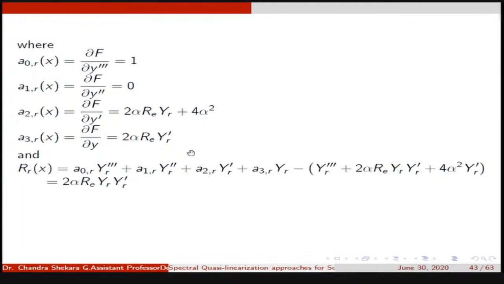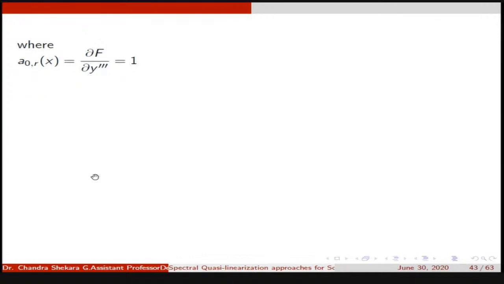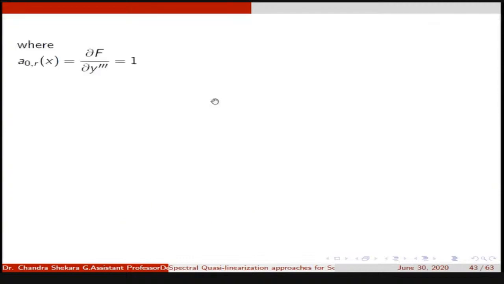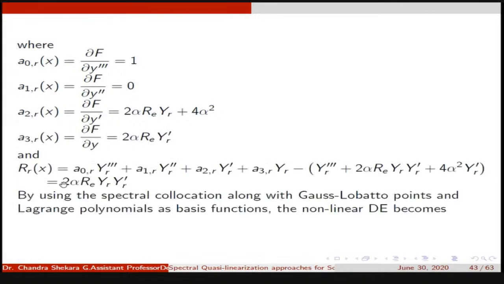With the negative sign, one term gets cancelled, and this is 4 alpha square y r dash, and here it is minus 4 alpha square y r dash, which gets cancelled. So this term cancels with these two terms after substituting a2r. Then we'll be left with only this term. a3r is 2 alpha times Re into y r dash, into y r, so that term remains. This is the completely nonlinear term in the differential equation. You can check that this is the nonlinear term. Now it is evaluated at the rth iteration and pushed to the right hand side. So we'll get the right hand side like this.